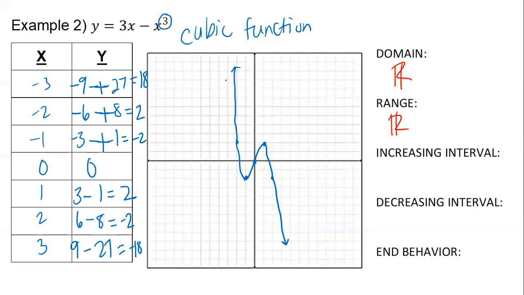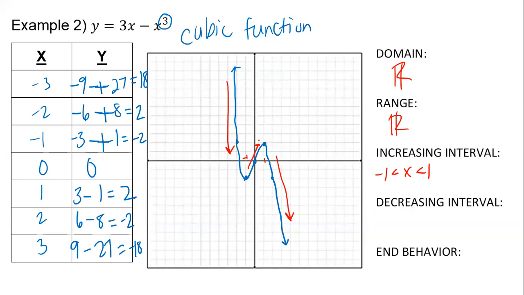So from left to right, just like we read a book, I'm decreasing here, increasing here, decreasing here. So from where to where am I increasing? When we're describing it, we're saying from what x value to what x value. So I increase from -1 to +1. So from -1 to +1, I'm increasing.